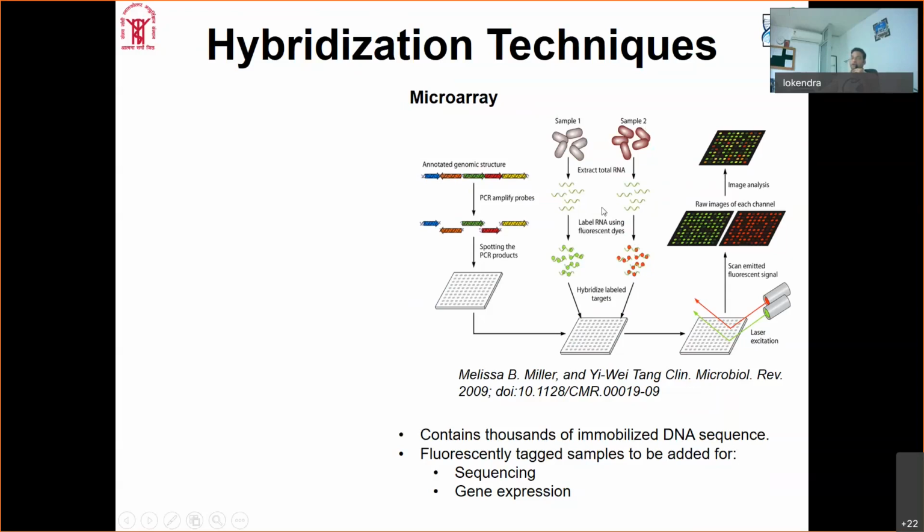The probes are known sequences representing particular RNAs, and how many copies there are is also already known. So you add sample one and sample two, maybe together or in different ways, and then attached to that, you can see the detector or image analysis.